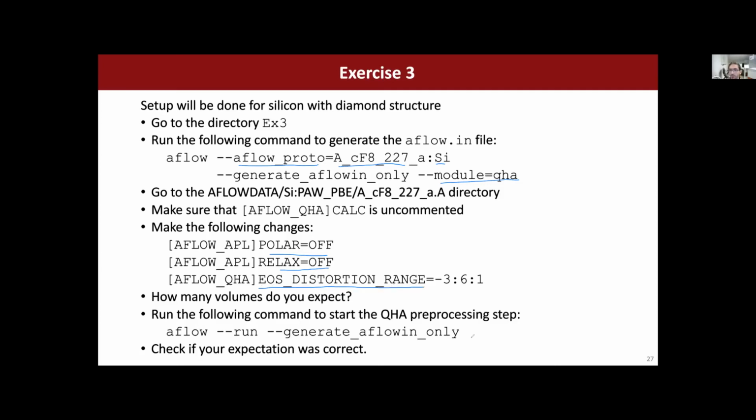It tells you how many volumes you want to get and actually how you want to distort your cell. So here this means that you will have, starting from 3% compression, you will go to 6% expansion with a step of 1%. And then you can run a command and generate all necessary subdirectories for a run.